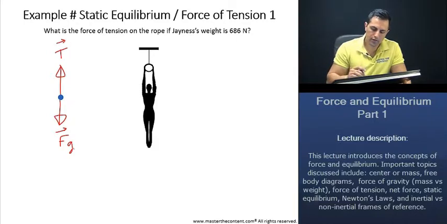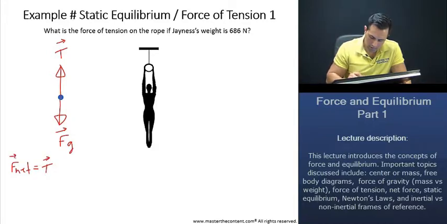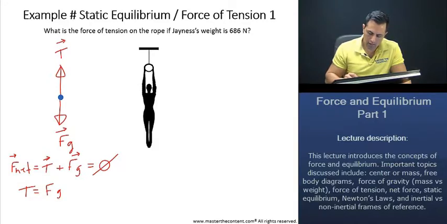Thus, because we have two vertical forces here, our force net is just going to be the tension plus the force of gravity. And again, we said for balanced forces, that's going to be 0. Thus, tension is just going to be your force of gravity, otherwise known as Janus's weight.